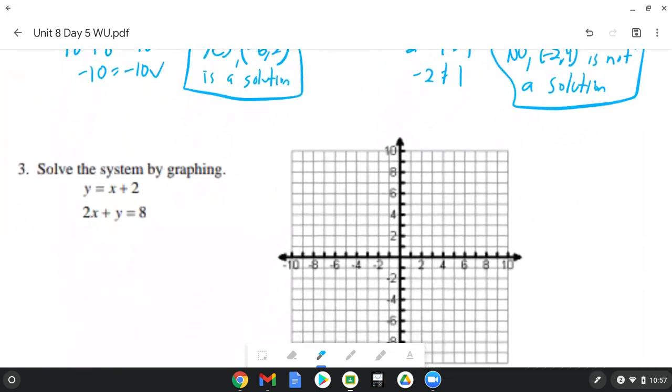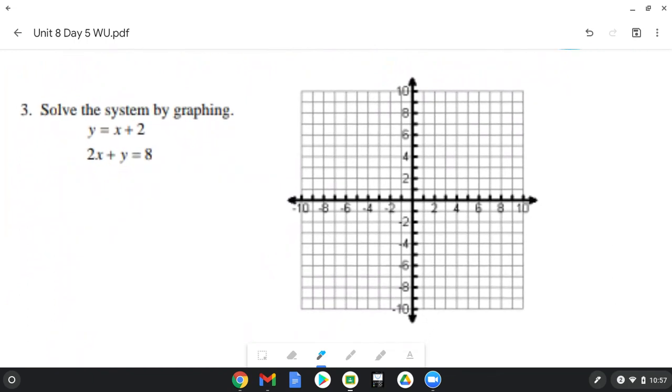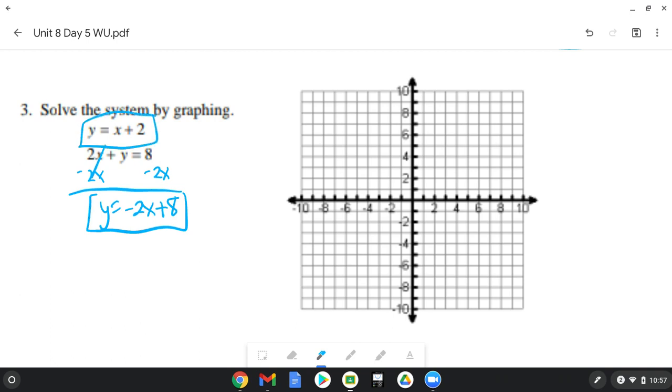This next one is solving by graphing. So that means we have to solve for y for both the equations. The top equation's already solved for y. So now I have a bottom and I have a top. So let's see. We'll start at 0, 2 for the top one, and my slope is up 1 over 1.